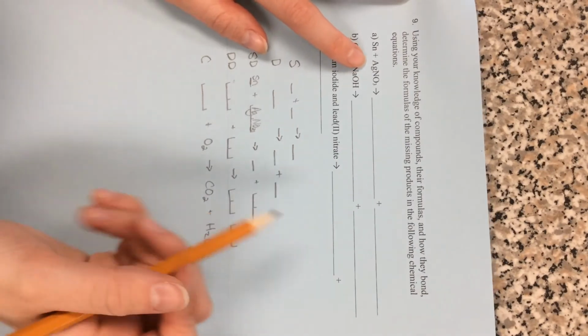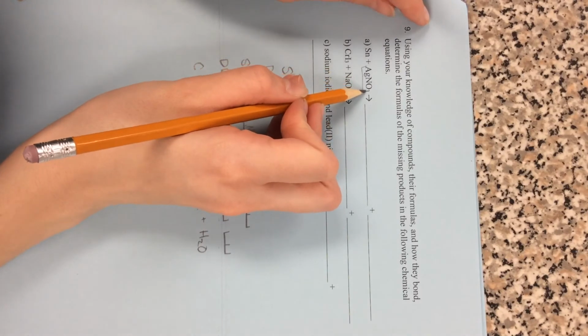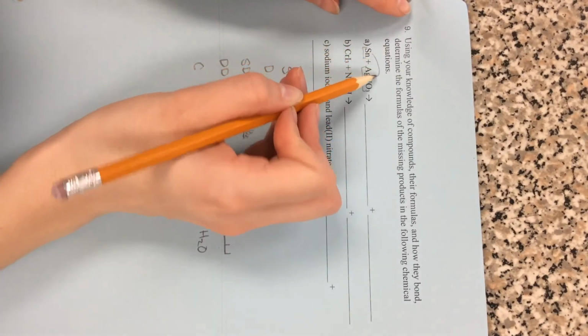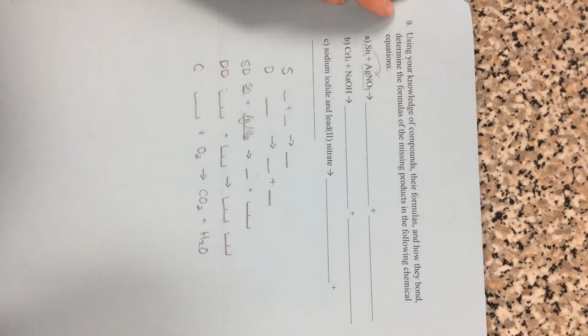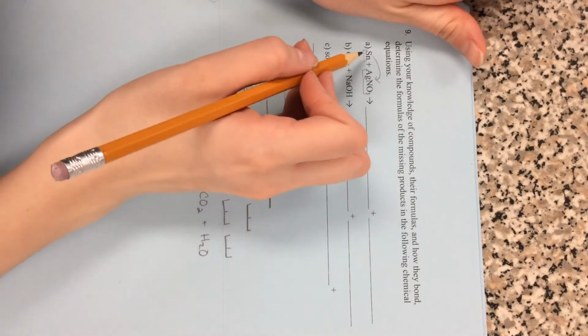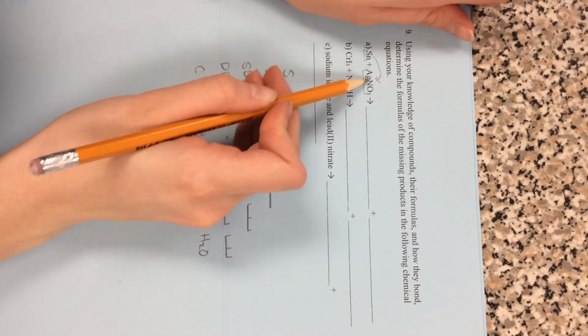So imagine this as our dancing couple at the prom. This is the person sitting on the sidelines, and they're going to come and cut in on that dancing couple. They're always going to cut in on the same thing as them, right? So my Sn, that's tin, is a metal, so it's going to cut in on the other metal in this compound, which is silver.